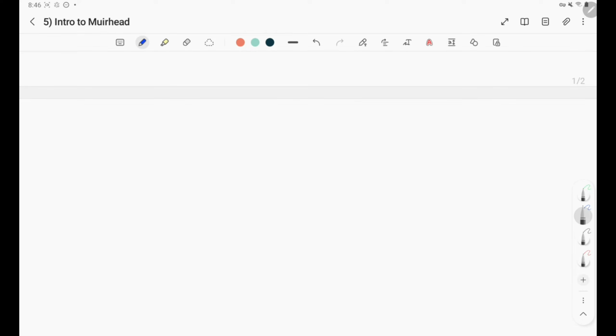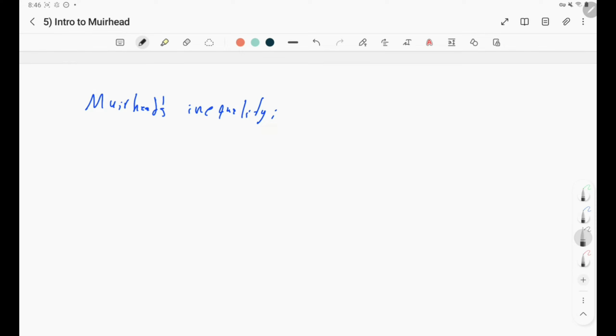Okay, so now, Muirhead's inequality. Let's say we have the following sequence.